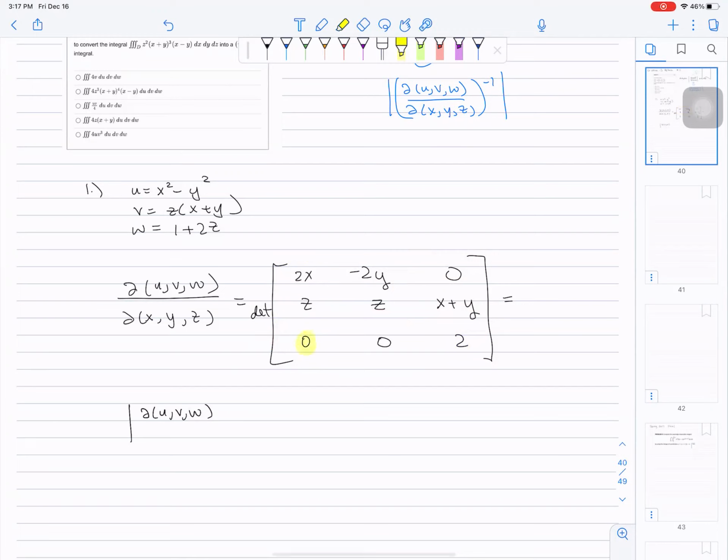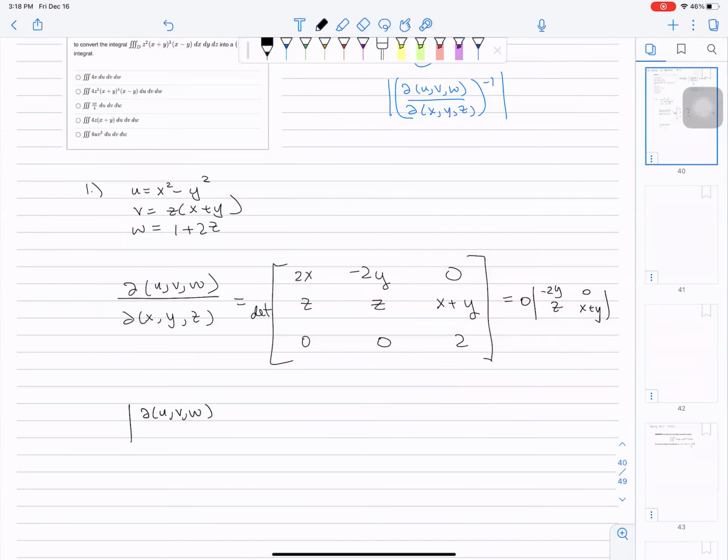So I start with 0 times, imagining crossing out that row and that column, the determinant of the remaining matrix. This remaining matrix is that. But note that it doesn't really matter, because 0 times anything is still 0. But I will just write it out so we can see it.